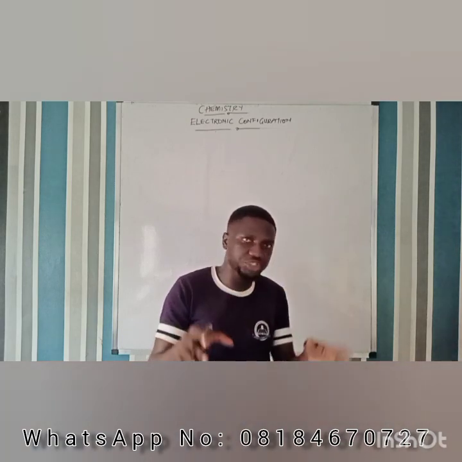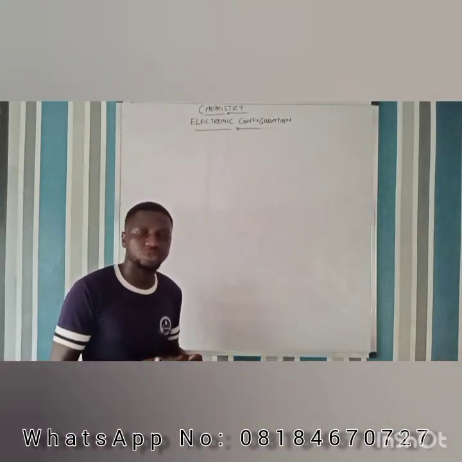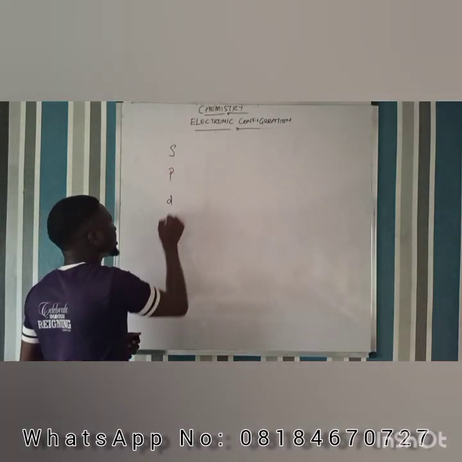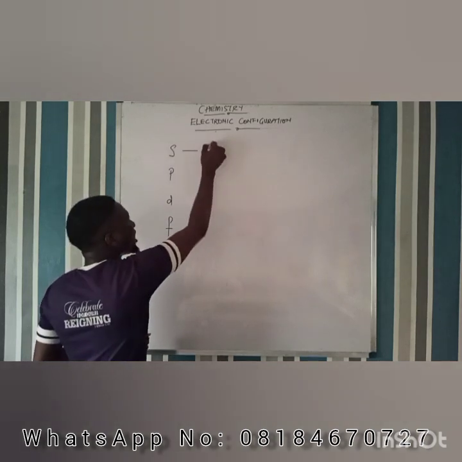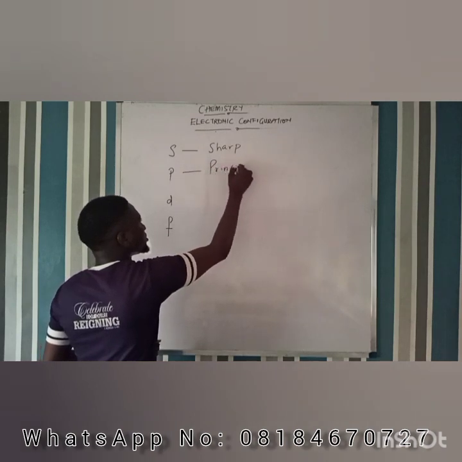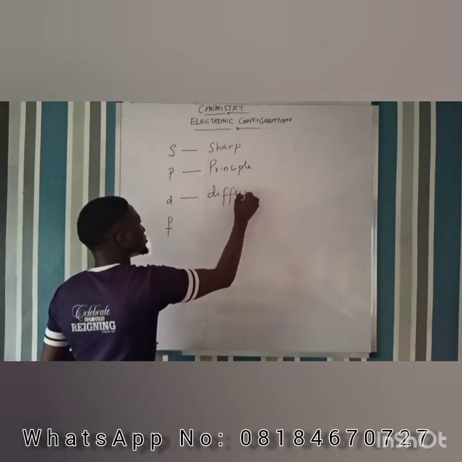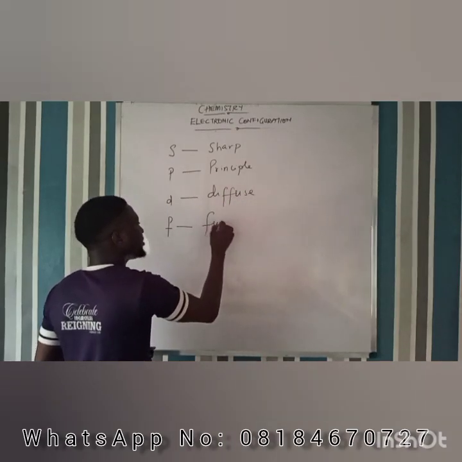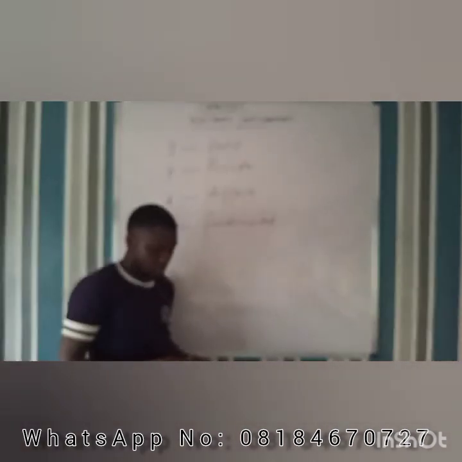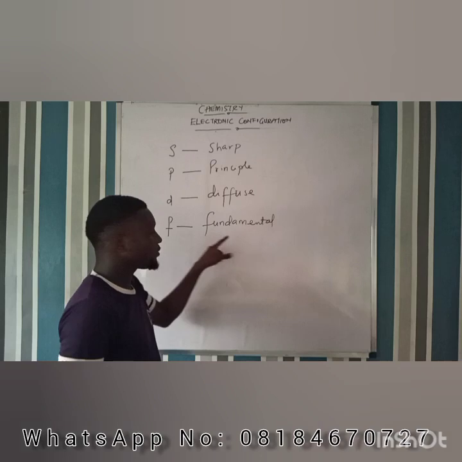If you're talking about orbitals, we have four major types: the S, the P, the D, and the F. The S is known as the sharp, P is principal, D is diffuse, and F is fundamental.